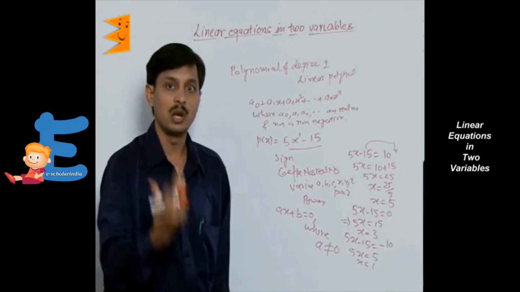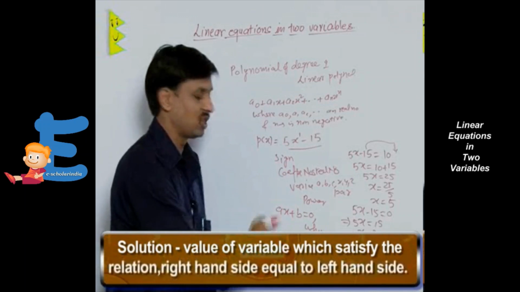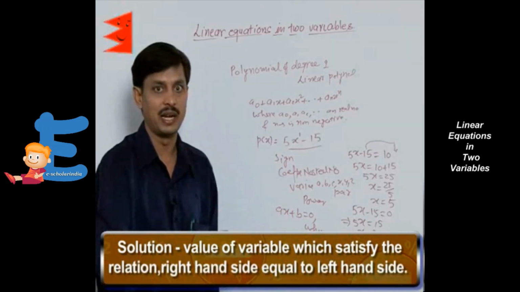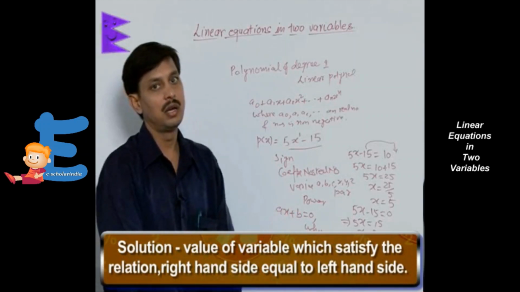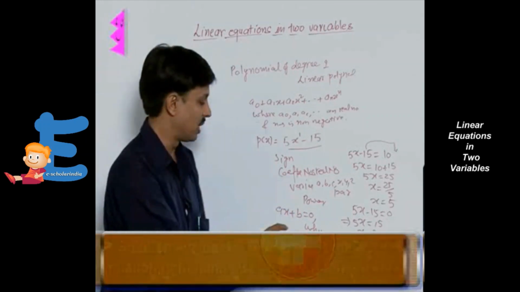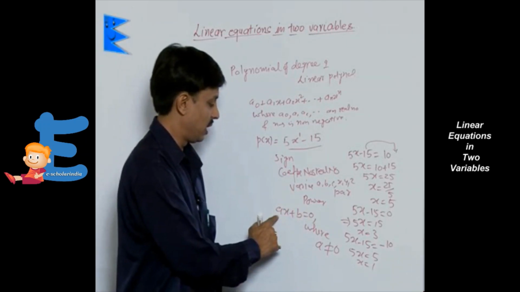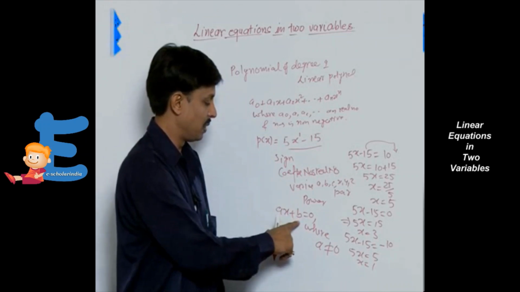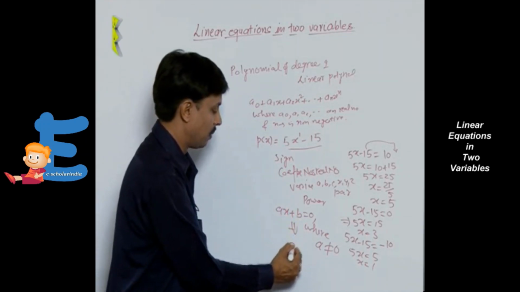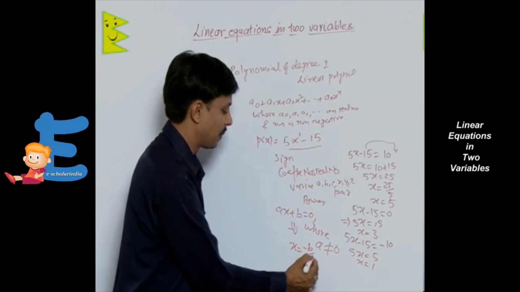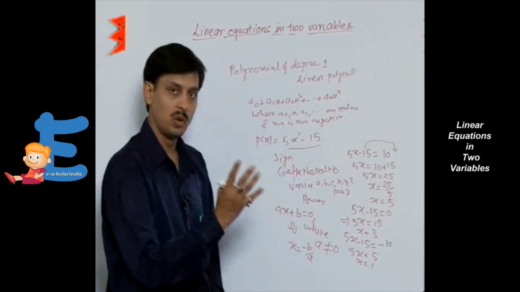The solution is the value of the variable which satisfies the relation, making the left hand side and right hand side equal. Here a is the coefficient of x, b is the constant, and the value of x, when solved, is x is equal to minus b upon a.